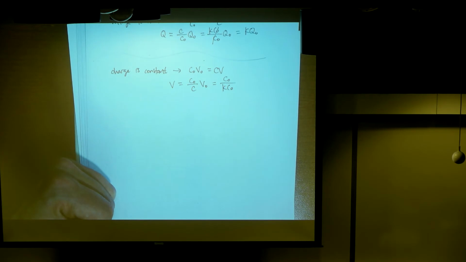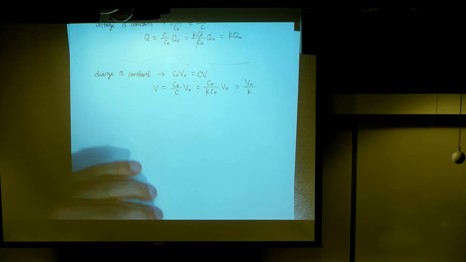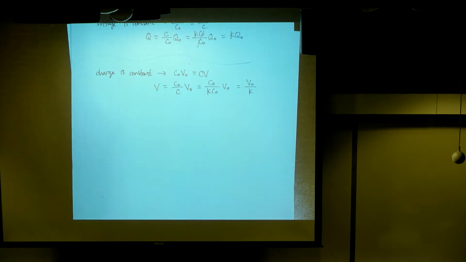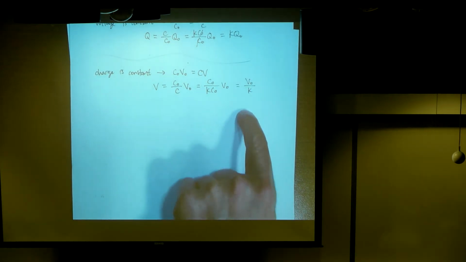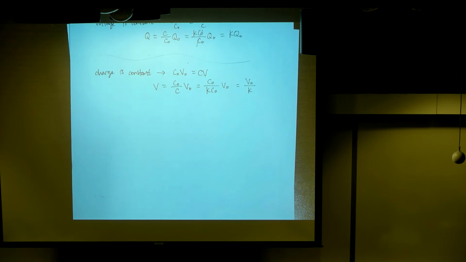We increase the capacitance by some factor K here, and that's multiplying V naught. So therefore, the voltage is V naught divided by K. Okay? So if we keep the charge constant and we add a dielectric, we're actually reducing the voltage across the plates by a factor of K. You see that? Because K goes on the bottom.